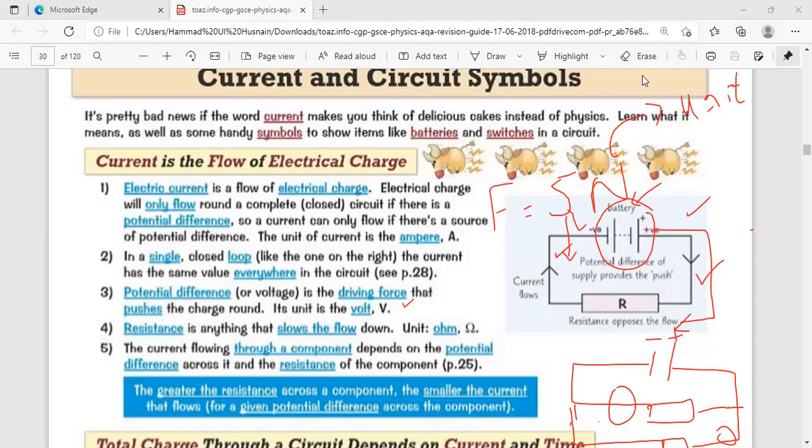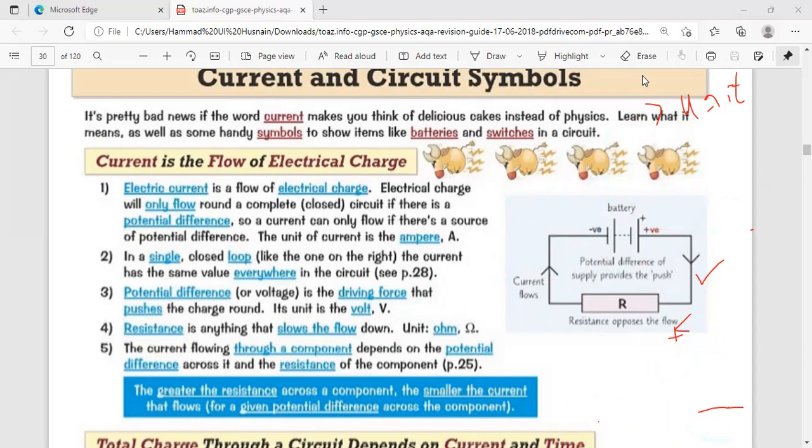Let us say, for example, I'm giving you a very general example in this circuit. Let us say I have a current of, let us say, 7 ampere till this point. Now when this current passes through this resistance, it will oppose this current, right?